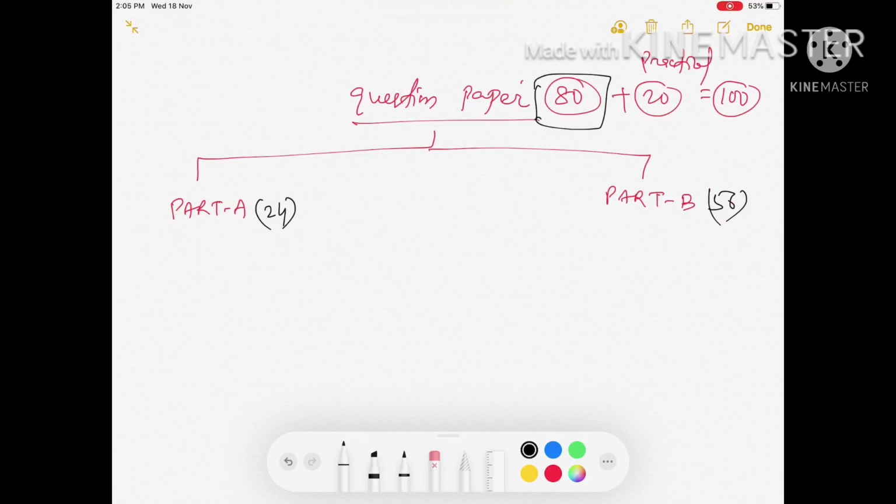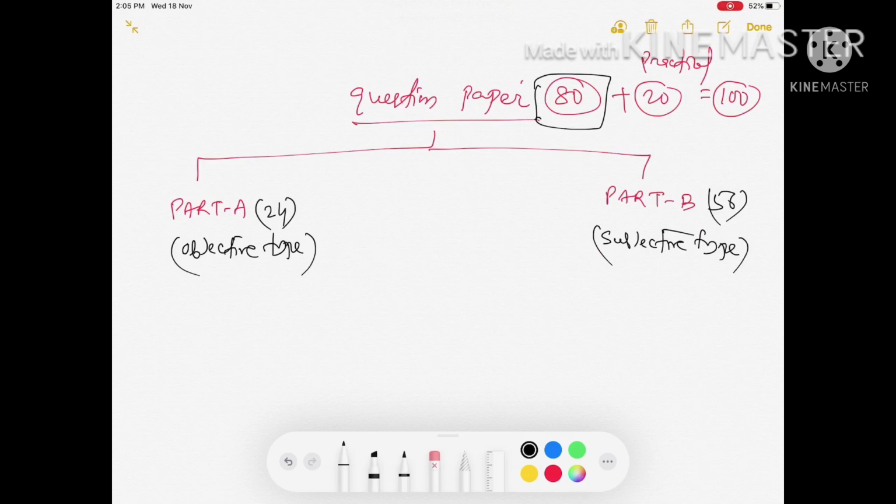Now each of the parts is divided into some sections. Part A will contain the objective type of questions, and part B will contain the descriptive or subjective type of questions.